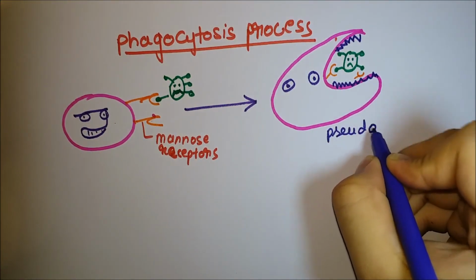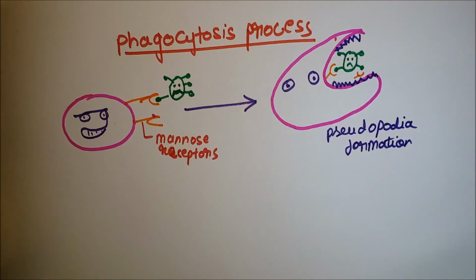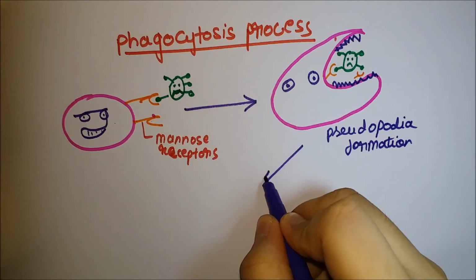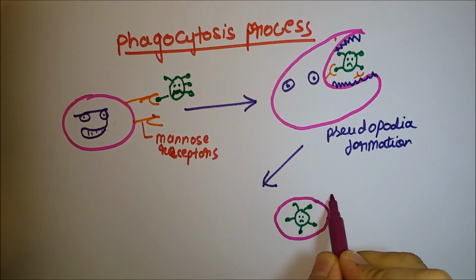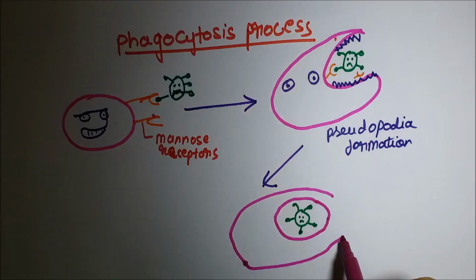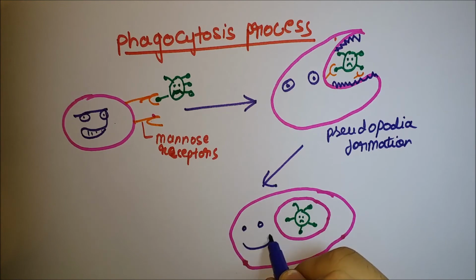After which the plasma membrane pinches off, and this process is called phagosome formation. It is similar to the endocytosis process.